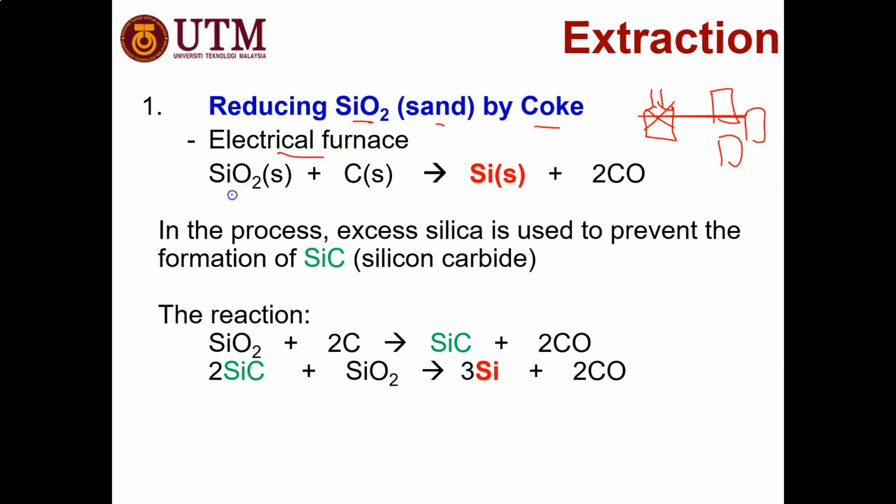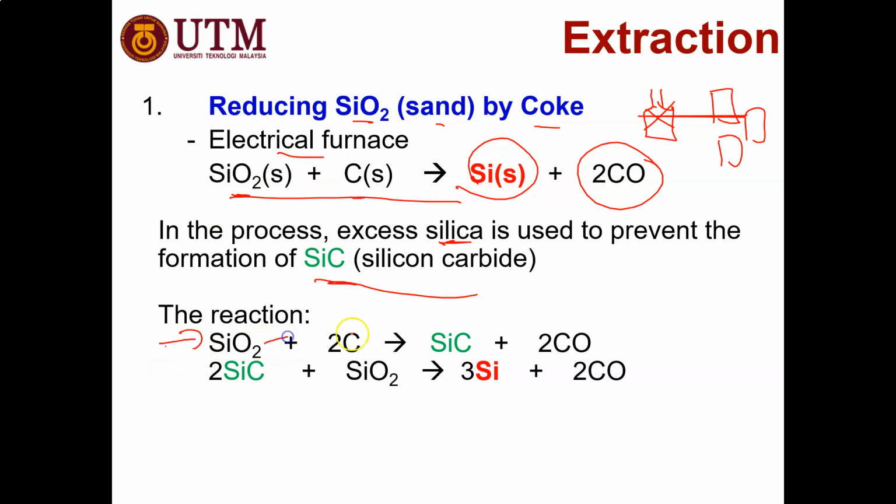Okay, so if we have the silica with the coke, you will get the silicon with a side product of carbon monoxide. However, dalam proses ni, we have to ensure that silica berlebihan. Okay, this is to prevent the formation of silicon carbide. So kalau silica dalam keadaan biasa, selain daripada this normal reaction, you will also get this reaction where silica with carbon, you will get silicon carbide or carborundum.